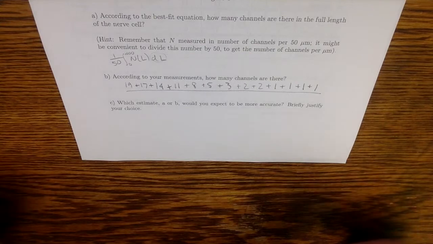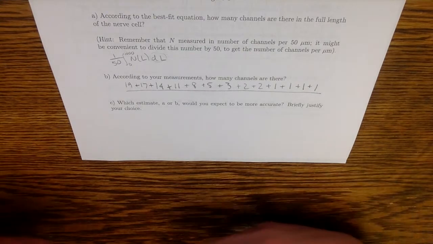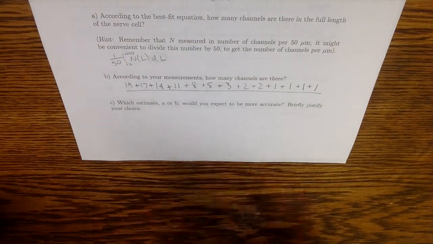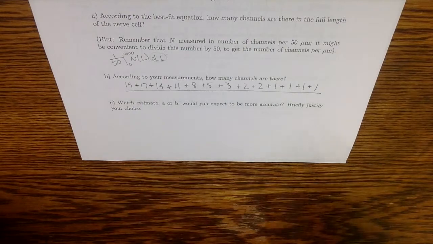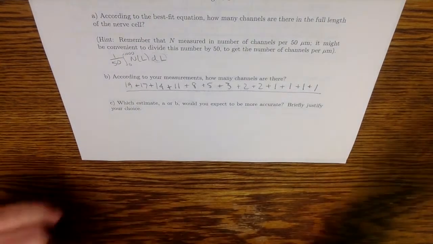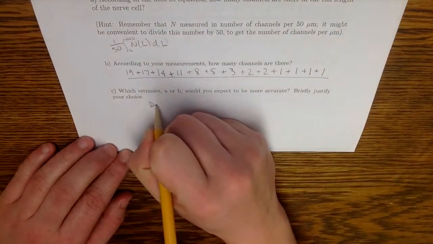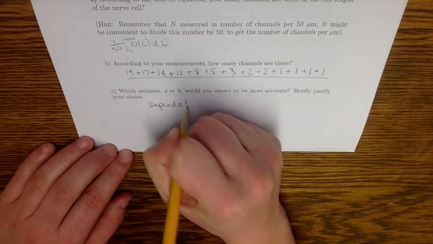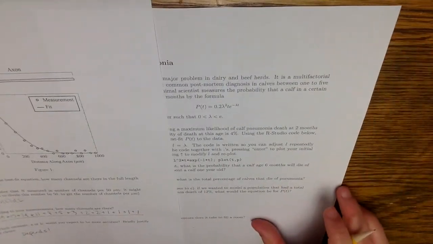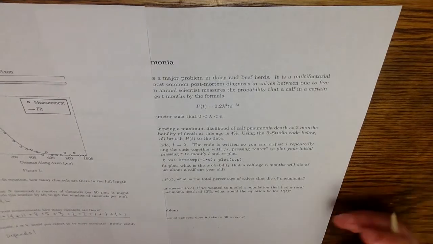That might not be exact, so maybe we would expect that there was some error there. But then when we made a best fit, maybe we really expect that our data should fit this best fit line, and when we integrate the best fit line, we actually get something better. So it really depends what you think. This depends on how well all of these measurements work and what our model should actually fit to.